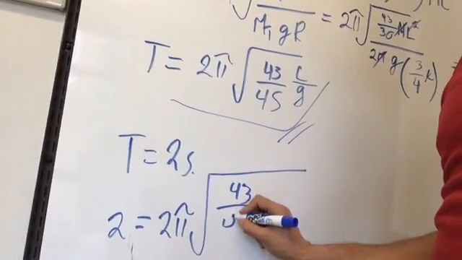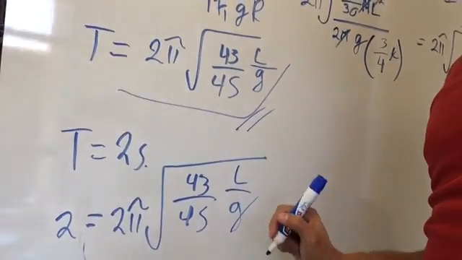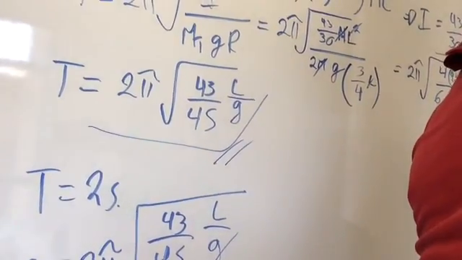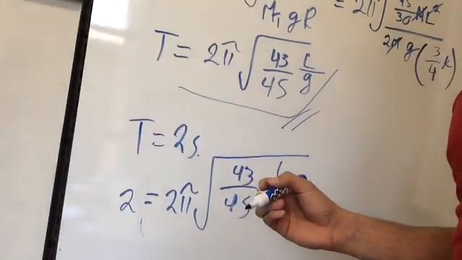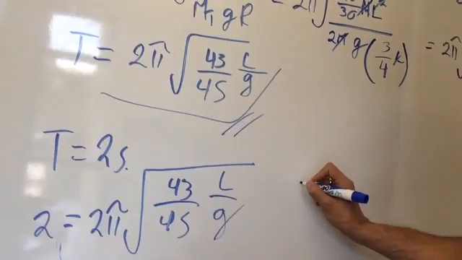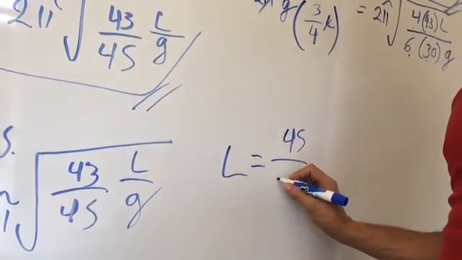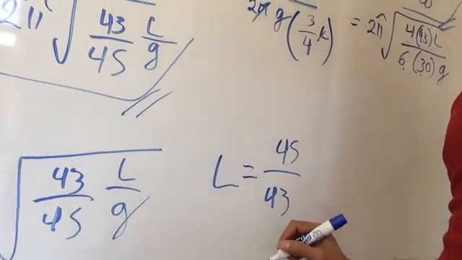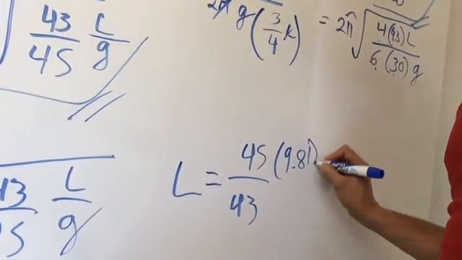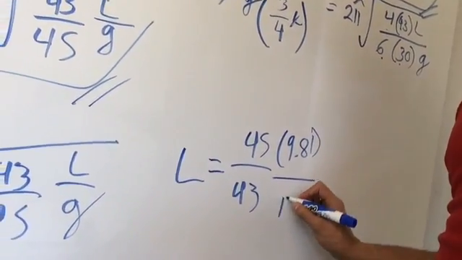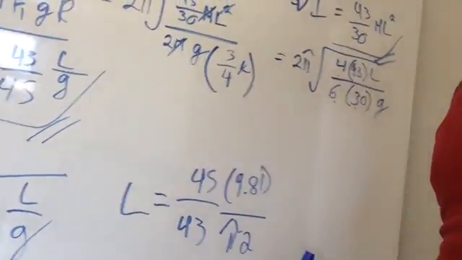We have to obtain the length, so we have to isolate L. Taking out L, we obtain that L is equal to 45 over 43 times gravity times the square of pi over 2.